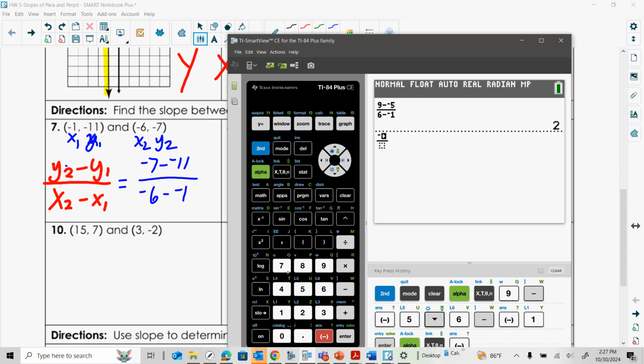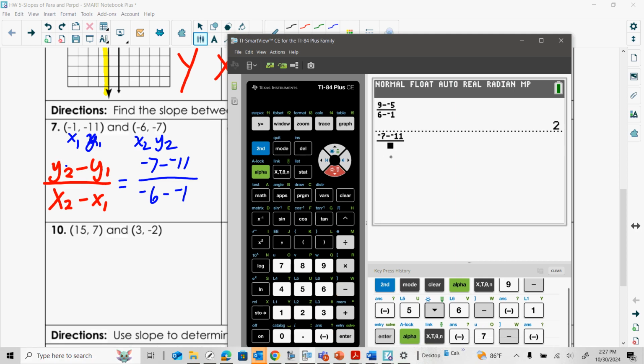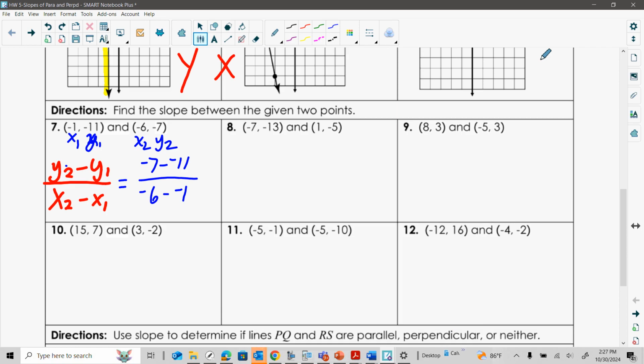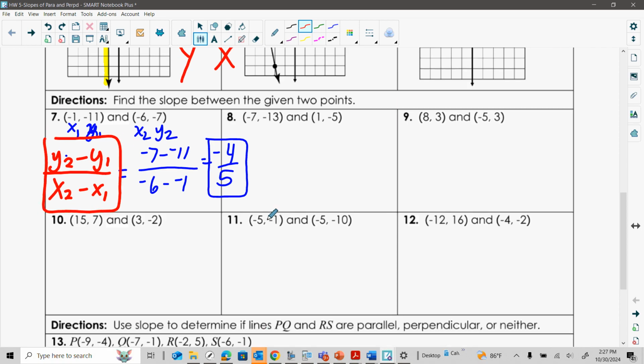So -7 minus a -11 is on top. Then we arrow down, -6 minus a -1. We enter, and it will simplify our fraction for us. Okay, so you're doing the formula that we have here for problem 7 through 12.